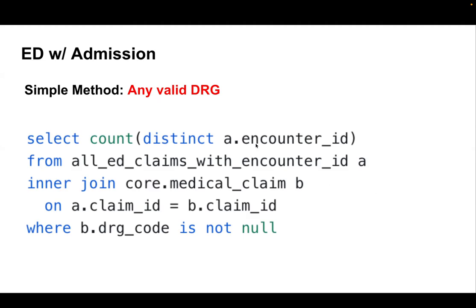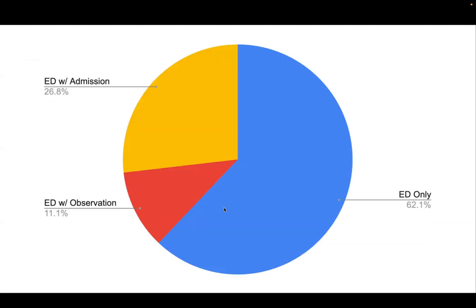We're going back through all the claims associated with the encounters that we created, and we're asking whether there is a DRG code. You could even go further and require that the DRG code is valid. In the core medical claim table in the Tuva data model, that's already done, so I don't have to do that here. I just say where DRG is not null. And here's how it all shakes out.